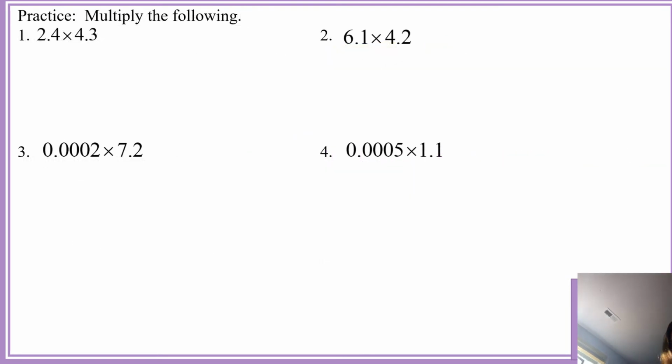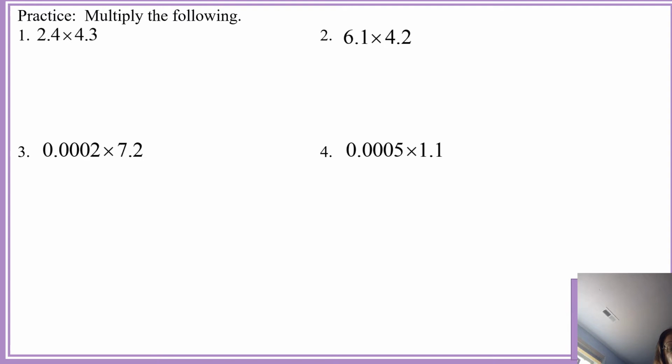All right, so what we have here is we're going to have 2 decimal places. So we multiply 24 times 43, and then we give it 2 decimal places. We're going to have 10.32. I'm just checking it in my calculator.